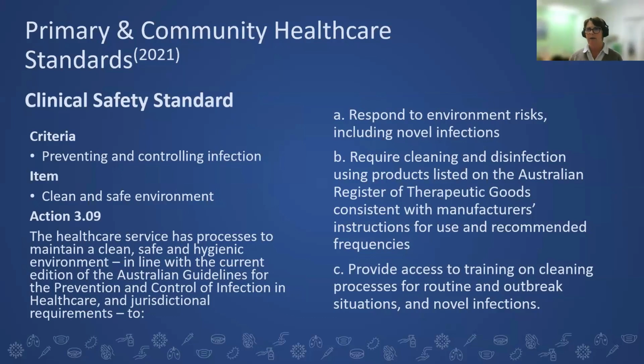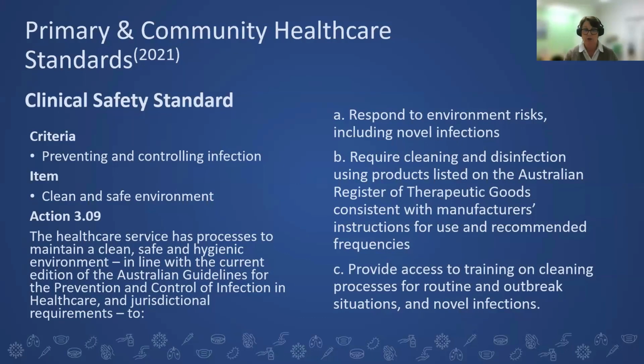And it's about being able to respond to environmental risks, including novel and emerging infections as well, using products that are listed on the Australian Register of Therapeutic Goods and using those products consistent with the manufacturer's instructions for use, and ensuring that staff who clean, and I would look at your contractors as well, have had adequate education and training and maybe competency assessment if that's indicated for routine cleaning, but also in those outbreak situations.